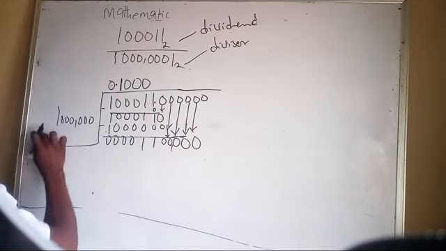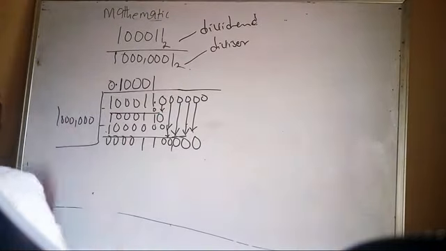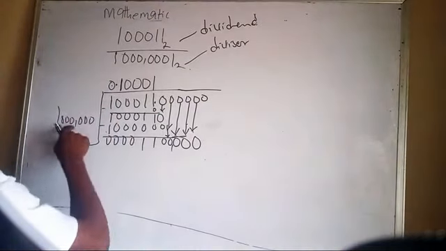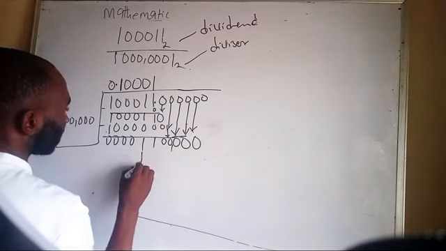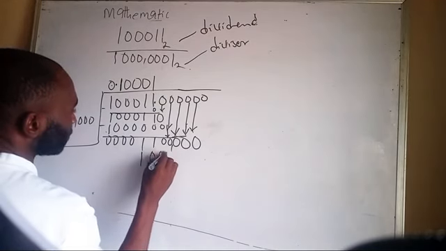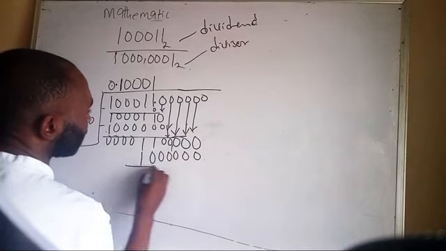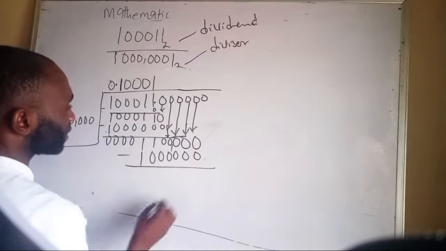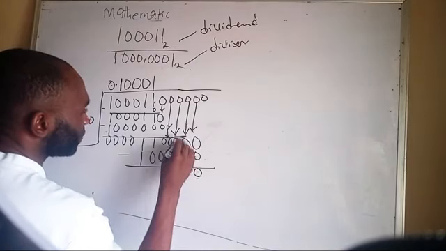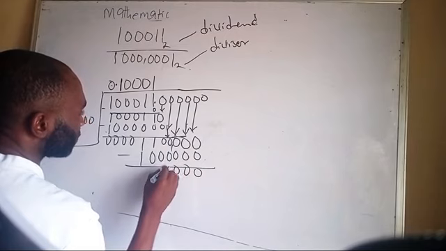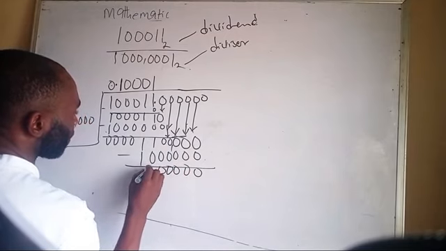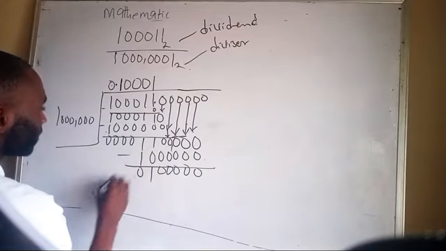This now divides this here and will give you 1. So we write it: 1 times the whole of this, that is 1, 0, 0, 0, 0, 0, 0, 0. So we subtract: 0 minus 0 is 0, and so on, giving 0, 0, 0, 0, 0, 1, 0.